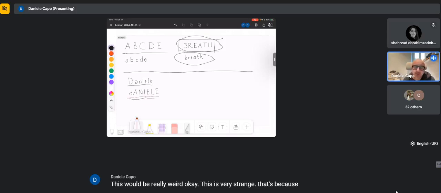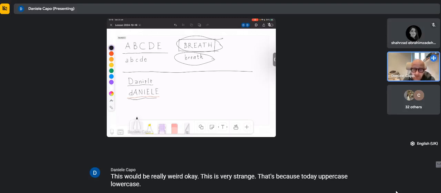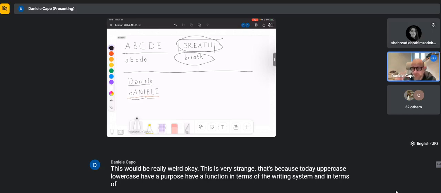That's because today uppercase and lowercase have a purpose, have a function in terms of the writing system and in terms of the internal rules of a writing system.